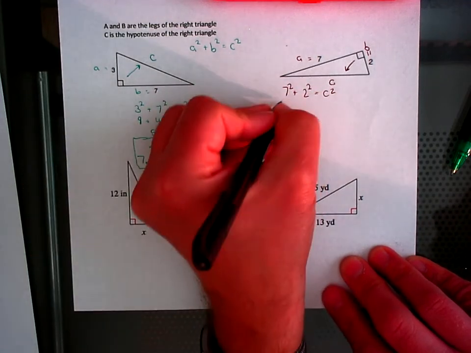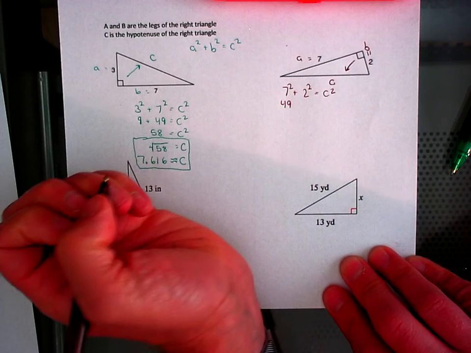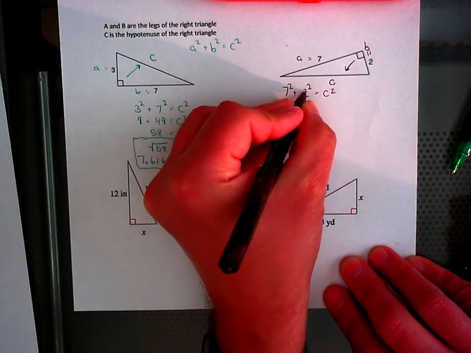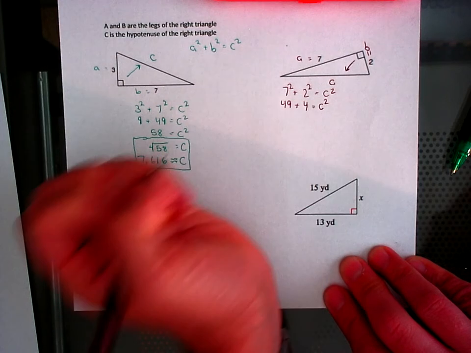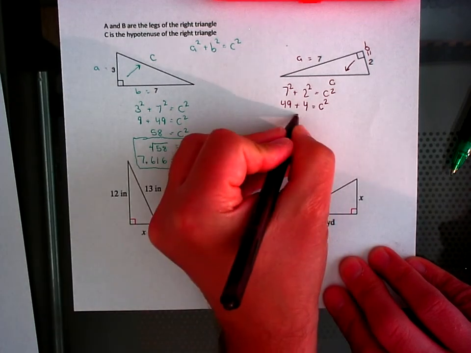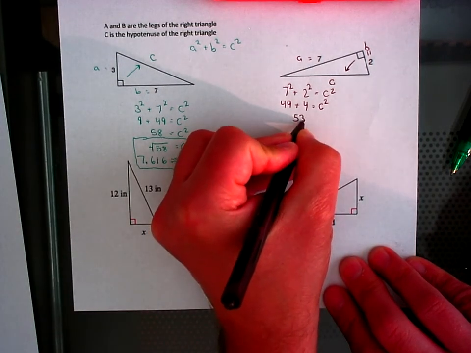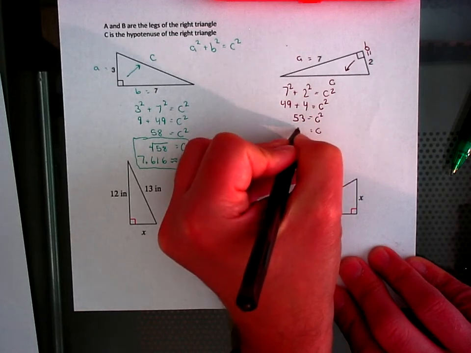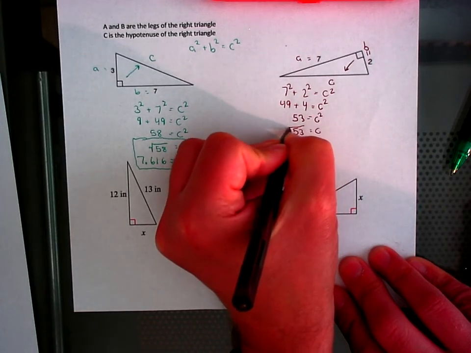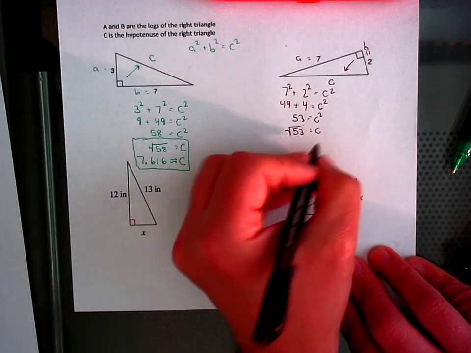Well, 7 squared is 7 times 7, which is 49, plus 2 squared is 2 times 2, which is 4, which becomes C squared. Well, that becomes 53 equals C squared. So C is equal to the square root of 53.